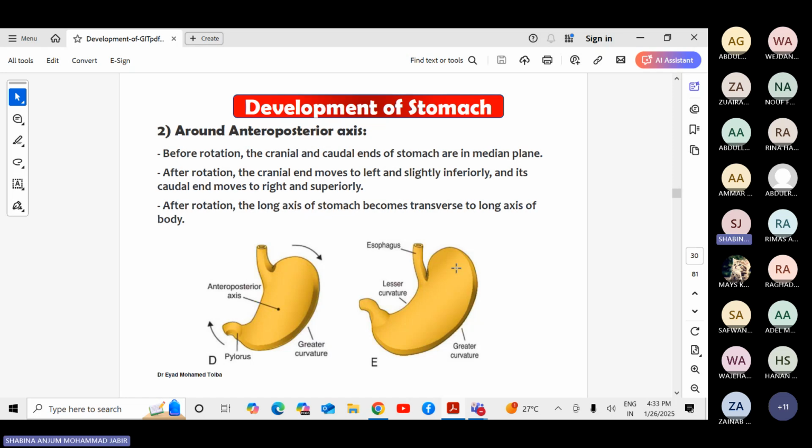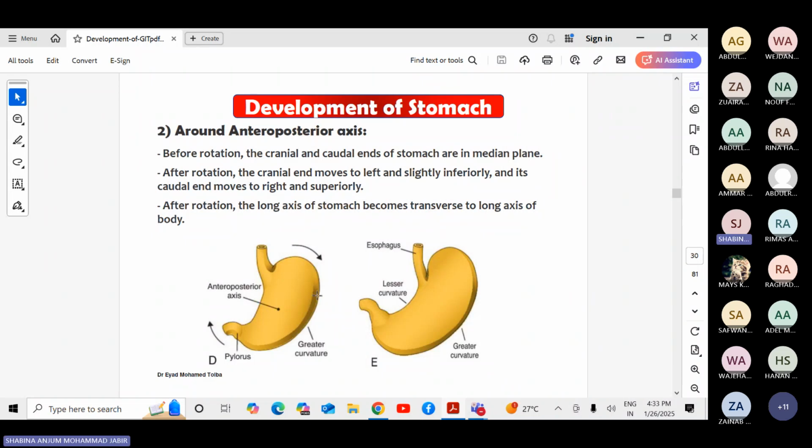In this, what will happen? This is the cranial end and this is the lower or caudal end. The cranial end will move to the left side and slightly inferiorly, and the caudal end will become right and superiorly. Something a little opposite: cranial will go a little left and inferiorly, caudal will move to the right and superiorly.